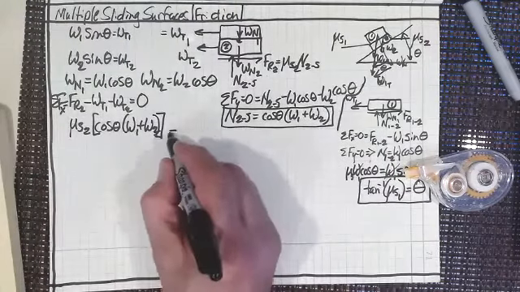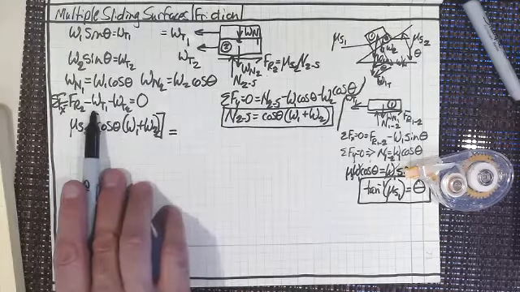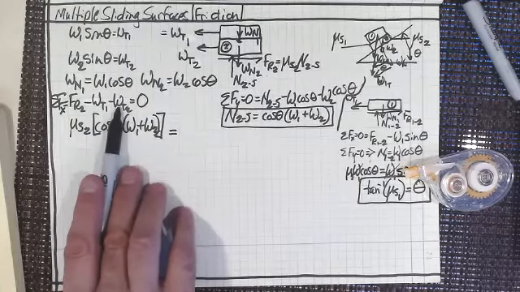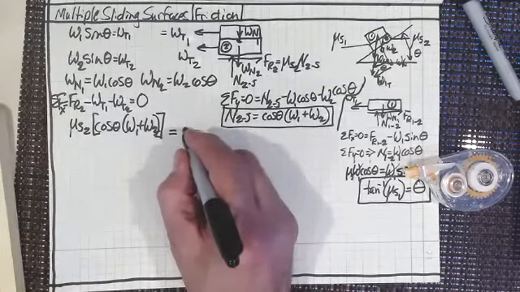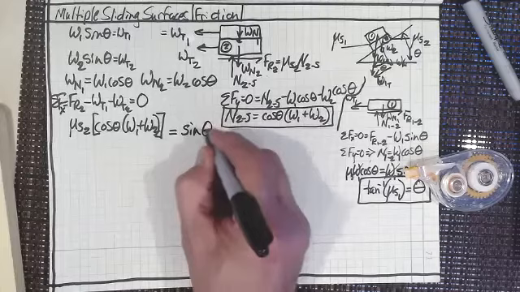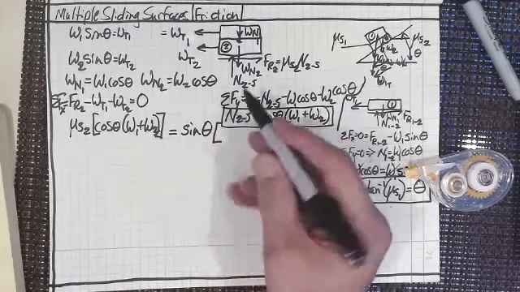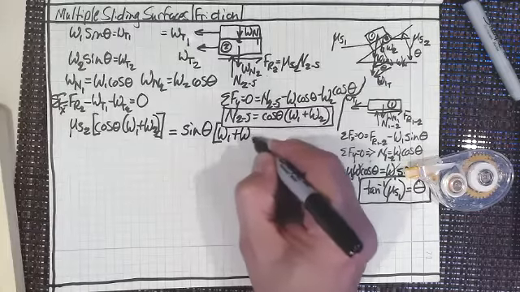And we know that that has to equal the other side, w1 sine theta plus w2 sine theta. So we can take sine theta out of there and just have w1 plus w2.